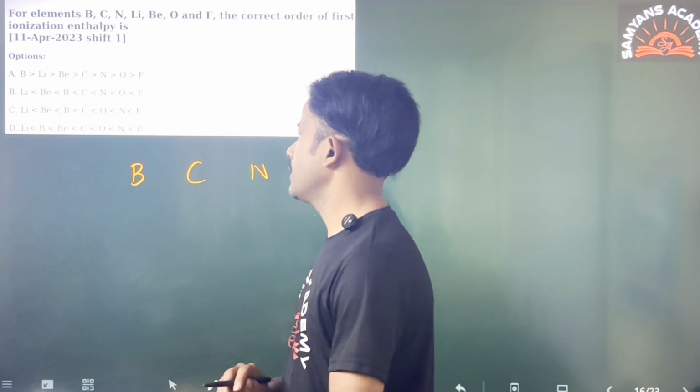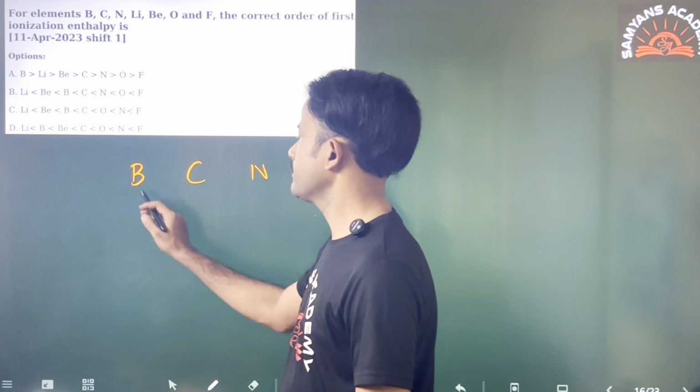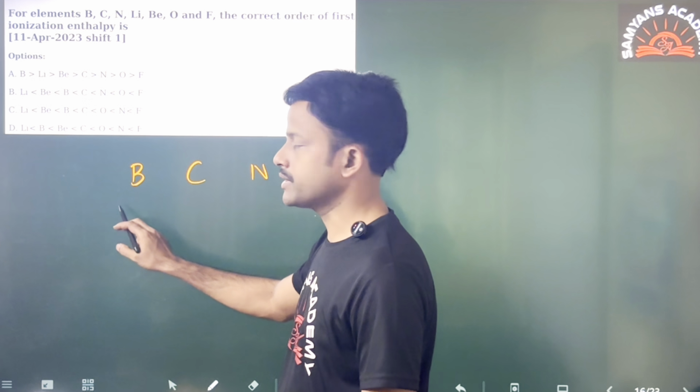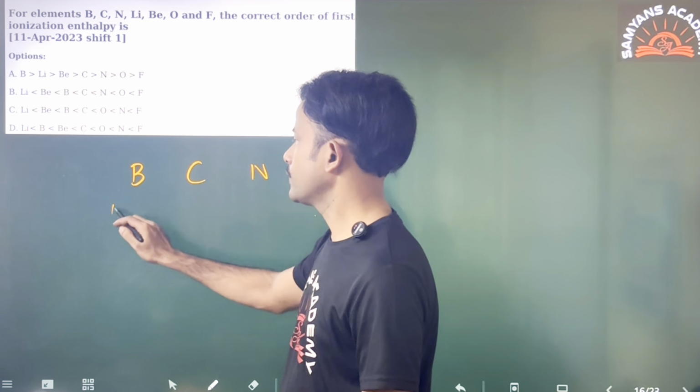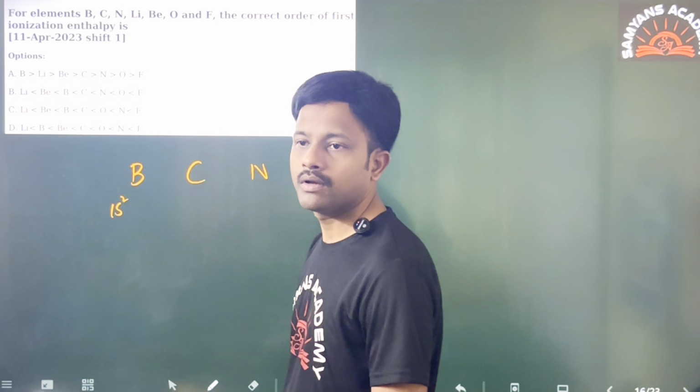Boron's electron configuration is 1s2... What is the atomic number of boron? 5.